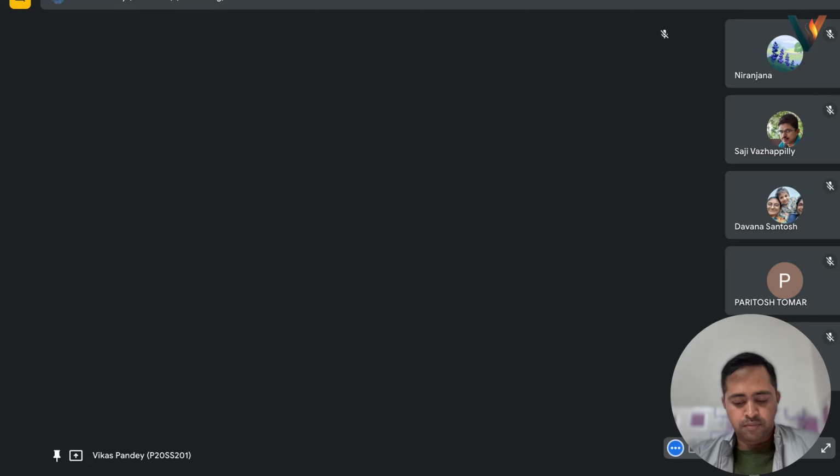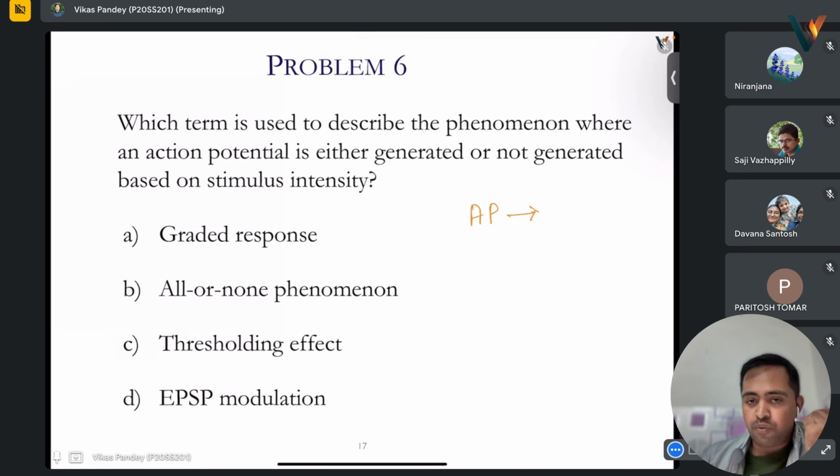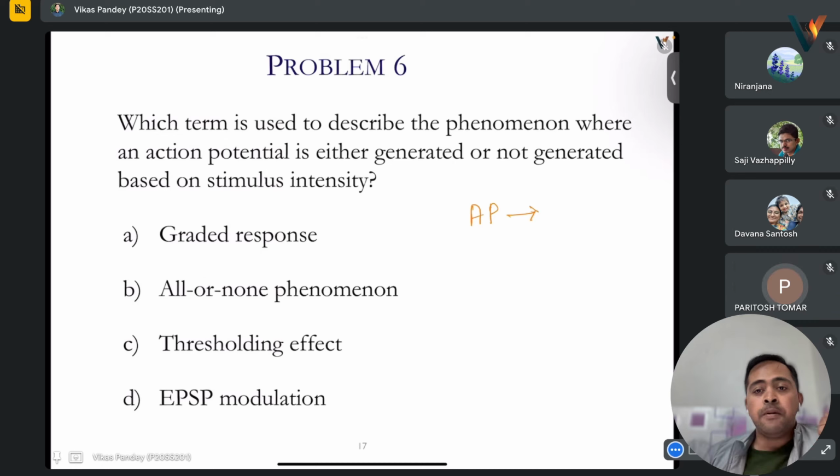So, what term is used to describe the phenomenon where an action potential is either generated or not generated based on stimulus intensity? Before going into this, remember one small thing: for an action potential, was there any change in amplitude? No, there was no change in amplitude. But here we are saying that an action potential is either generated or not generated based on stimulus intensity.